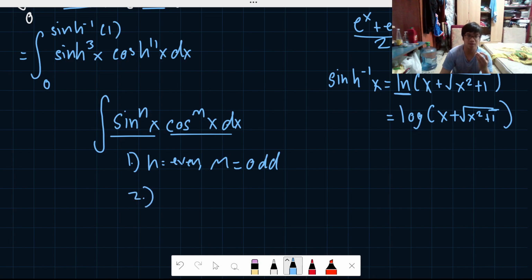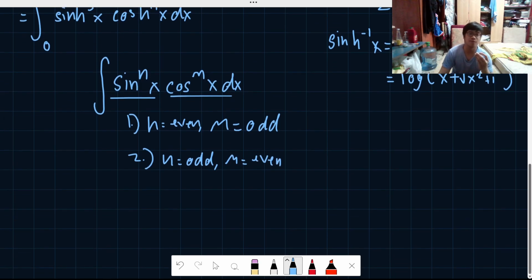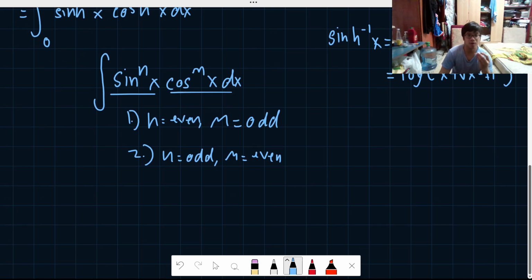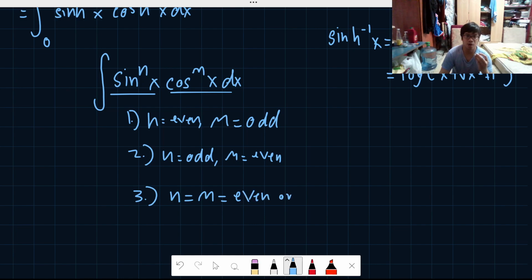The second condition is what if the exponent of sine is odd, but the exponent of cosine is even? Basically, it's the opposite of the first condition. Now, for the third condition, what if the exponents of sine and cosine are both even or both odd?